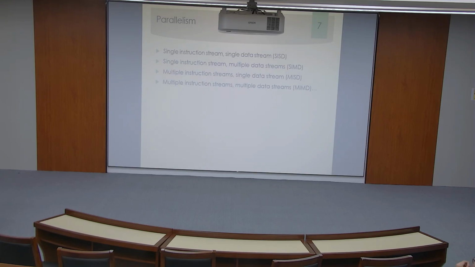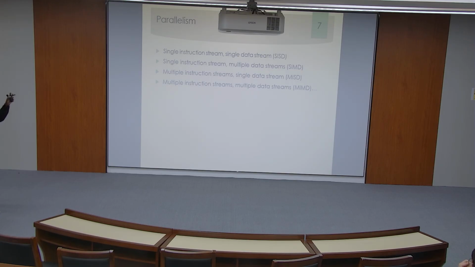That means many-to-many. We have many instructions, and those instructions require many data streams to be completed, many-to-many. These are very important in multi-core CPU systems, when we have many instructions that need many data streams to be computed.